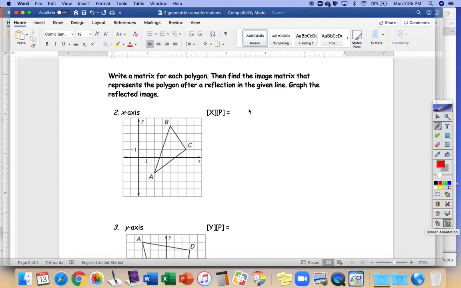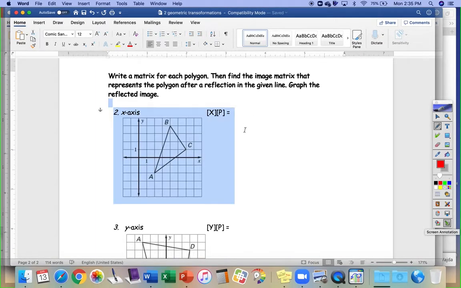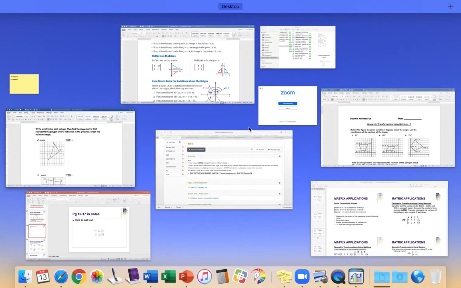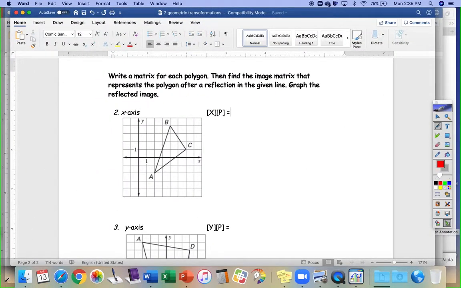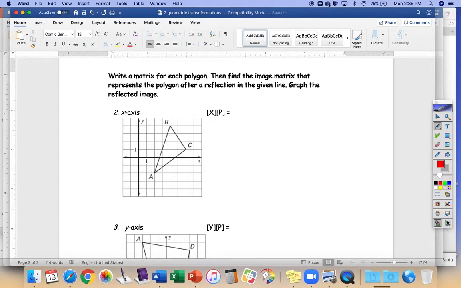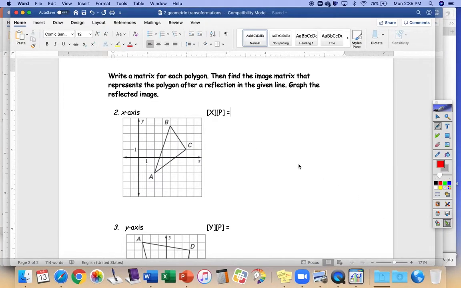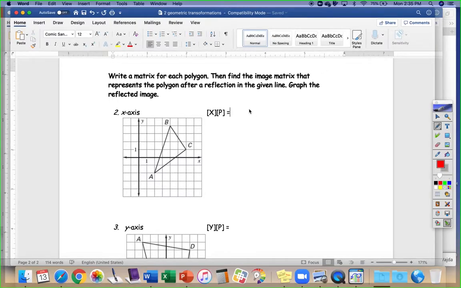And I write it out. I take the matrix 1, 0, 0, negative 1. That's the x matrix. Then I take the figure matrix.